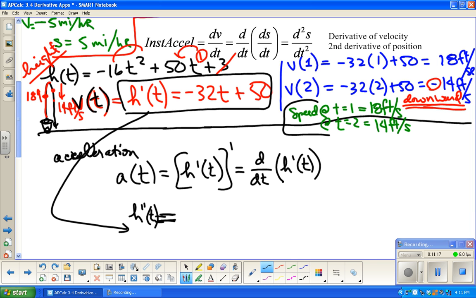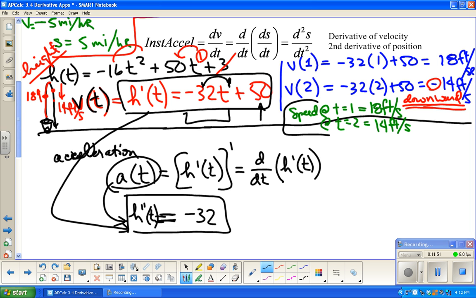The derivative of negative 32t: this is a 1, 1 times negative 32 is negative 32. Then t to the 1 becomes t to the 0, so I don't need to write it. The derivative of a constant is 0. So this is the acceleration.